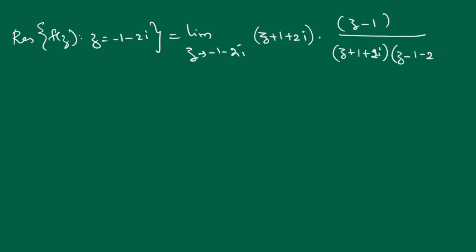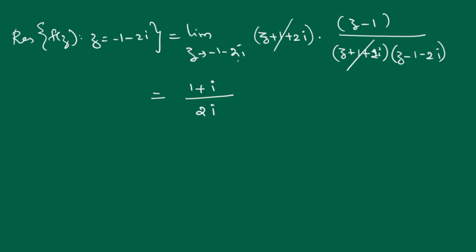While calculating like this, this and this get cancelled. In the remaining term, if we substitute z equal to minus 1 minus 2i, we will get the answer as 1 plus i divided by 2i. So this is the residue for the pole minus 1 minus 2i.